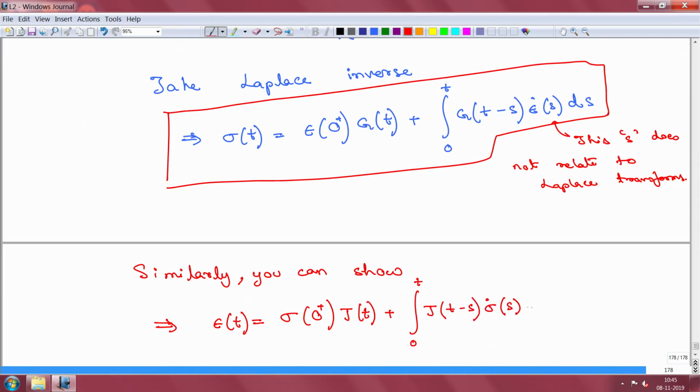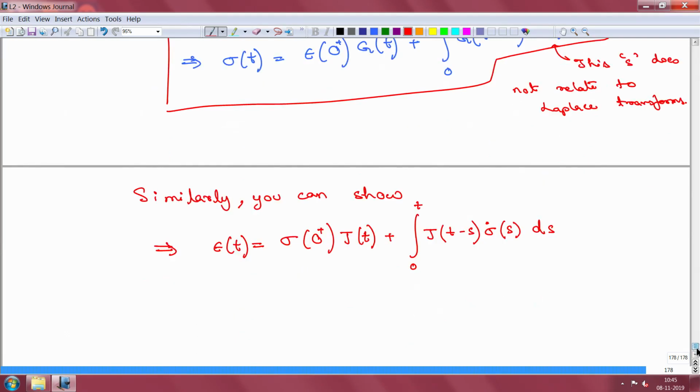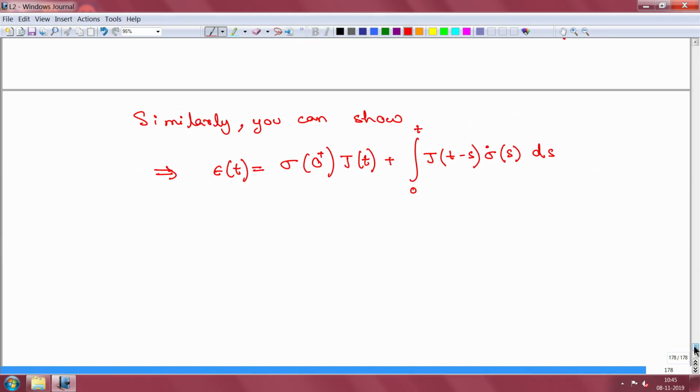Okay. So, these two expressions are going to be very important to us, and they will be used quite a bit.